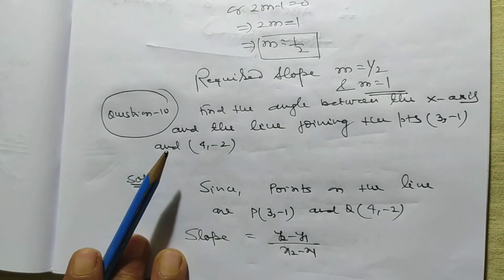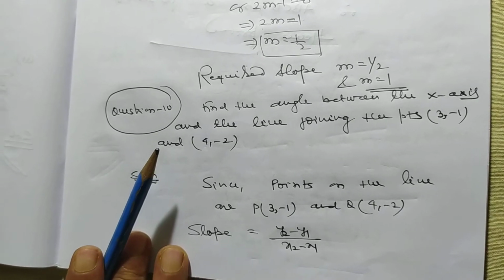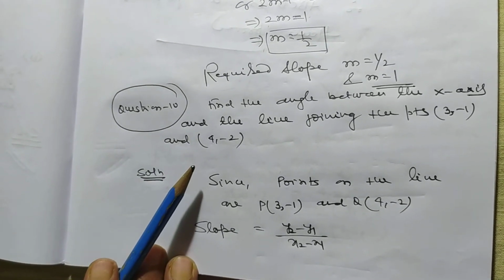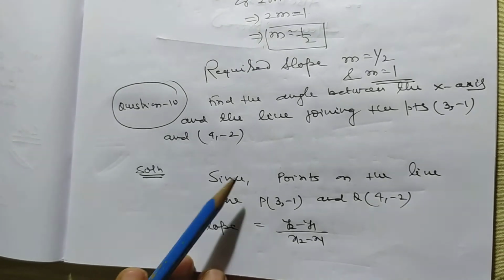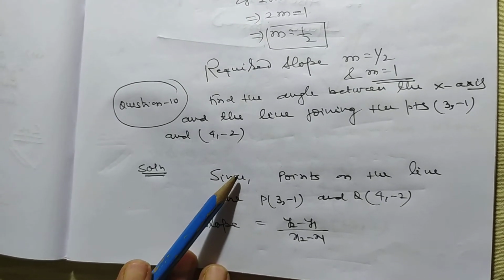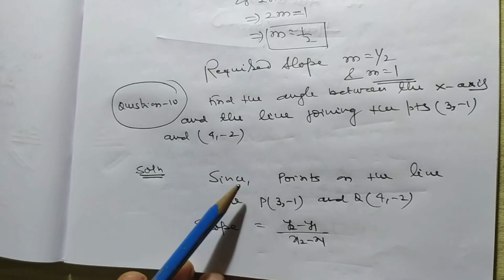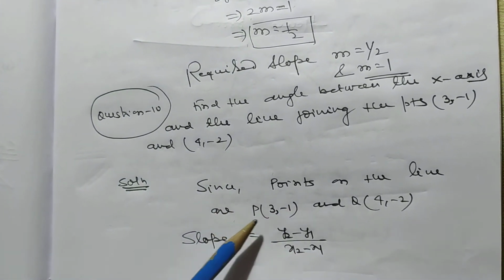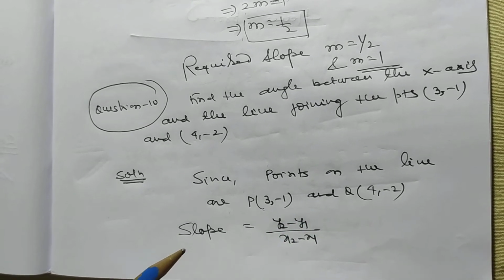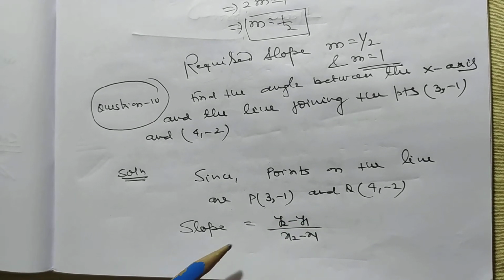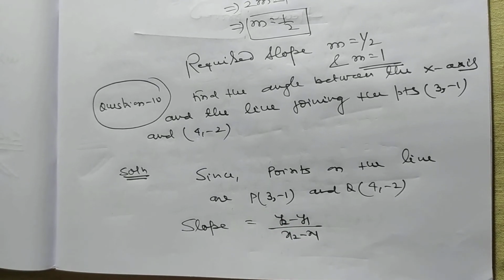Now I want to discuss problem number 10. Find the angle between the x-axis and the line joining the points (3, minus 1) and (4, minus 2). My dear students, it is a very interesting problem. Points on the line are P(3, minus 1) and Q(4, minus 2). So its slope is equal to (y2 minus y1) by (x2 minus x1).